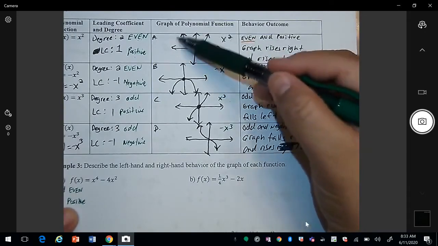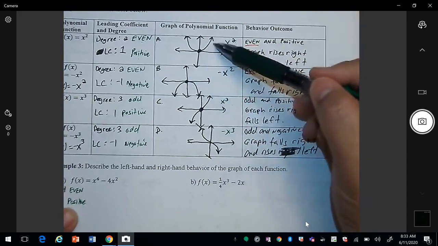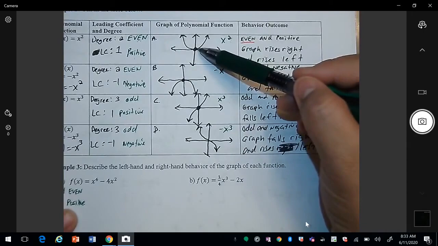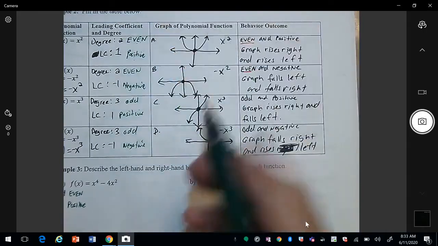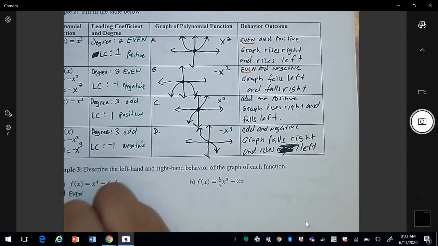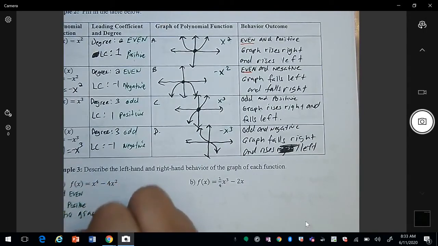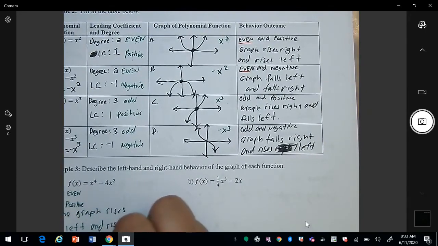So that means that our behavior is going to act like this one here. So the behavior will have the same behavior as this, which means that the graph rises right and graph rises left. So here I would say that the graph rises left and rises right.